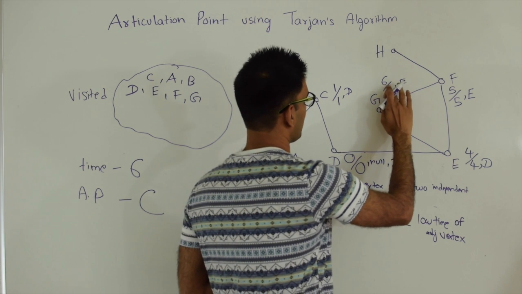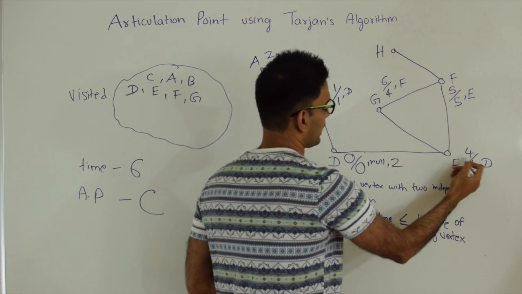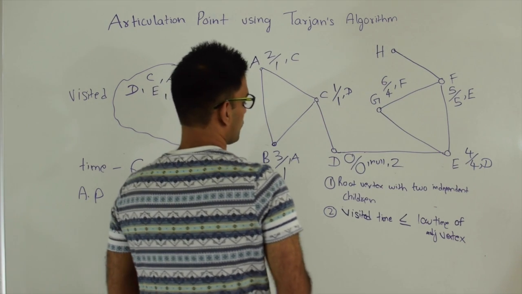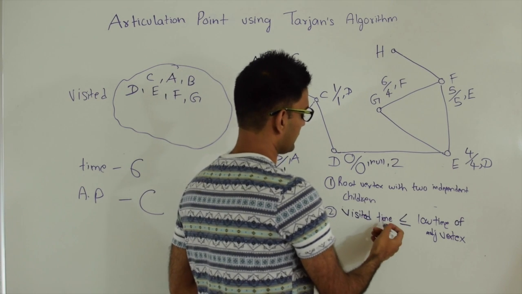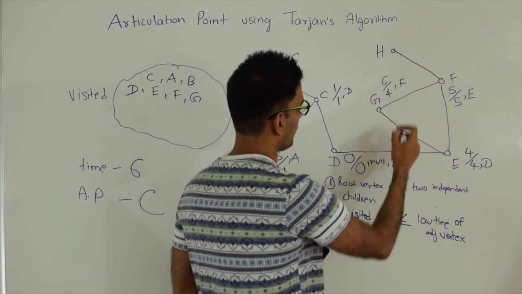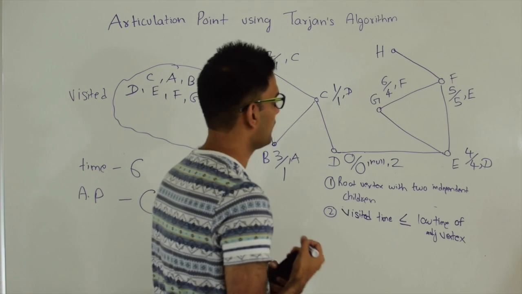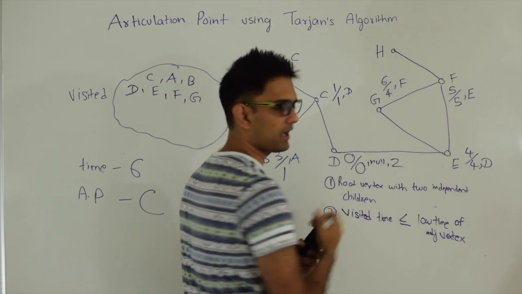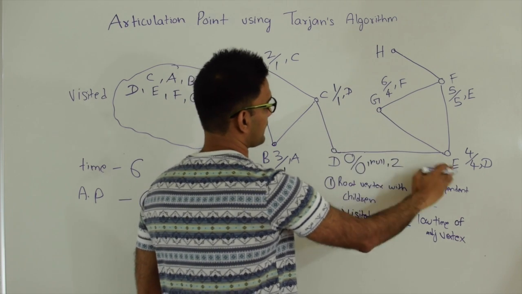Also, before leaving G, we'll update its low time to be 4, which is the low time of E. So then we go back to F. At F, the visited time is 5, which is not less than or equal to the low time of its adjacent vertex G. So F is not an articulation point, because even if you remove F, G is going to stay connected to the rest of the graph through this back edge here.